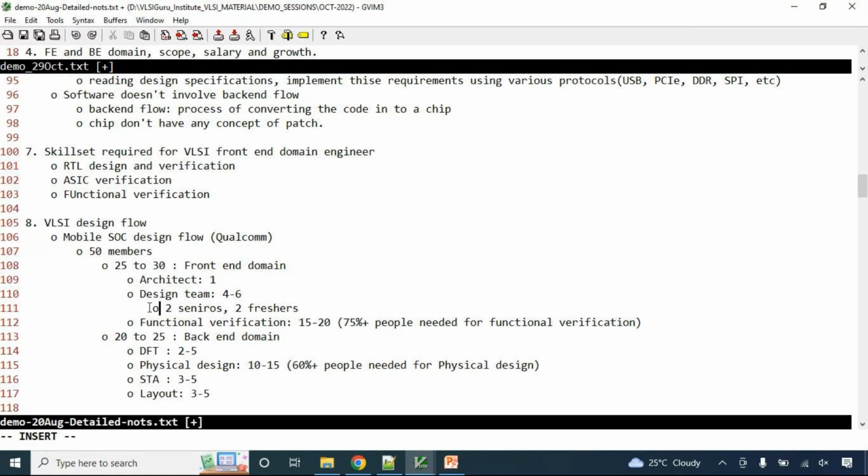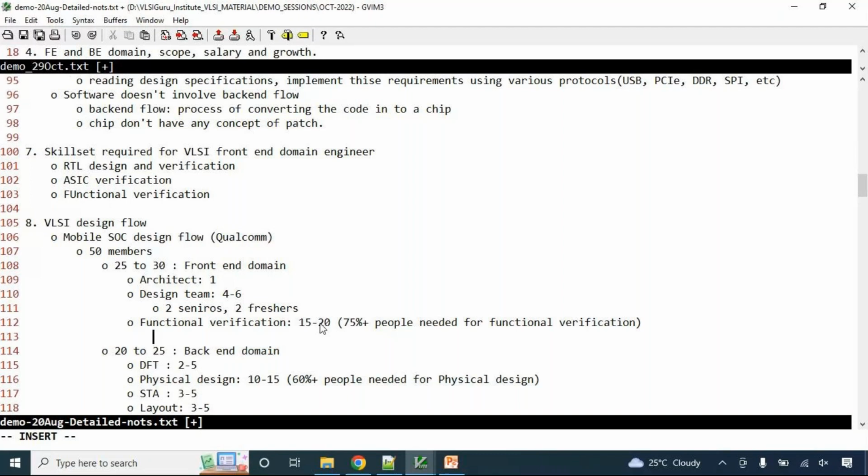Why are freshers hired more into the functional verification domain? Because since a bigger number of people are required, they can afford to have 5 freshers in the team. See, you can have 15 experienced people and 5 freshers. It's fine, because even if they don't deliver, these people can take care.